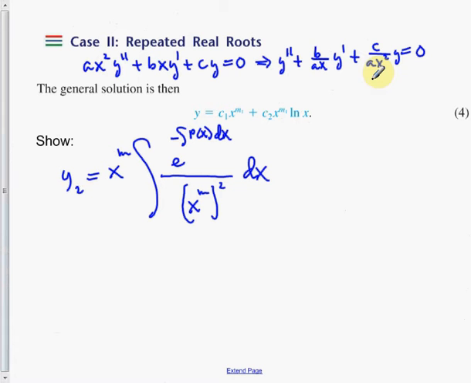Yes, to determine p of x. Because, look, it's of the form y double prime plus p of x times y prime plus q of x times y is equal to 0. So here we can identify p of x because that's needed for this formula. P of x is b over ax.